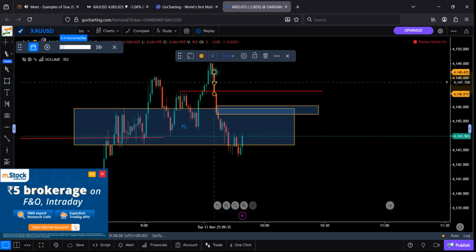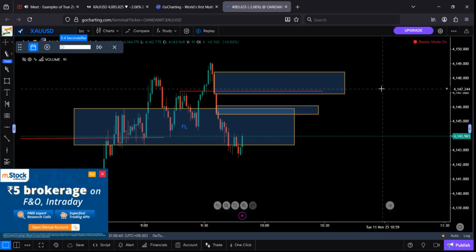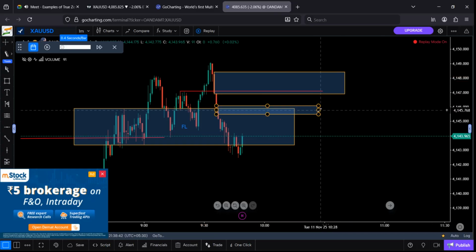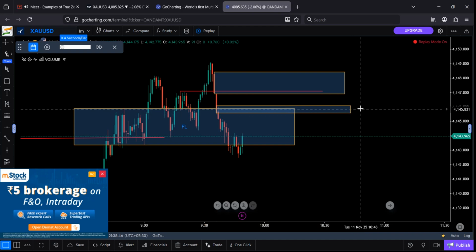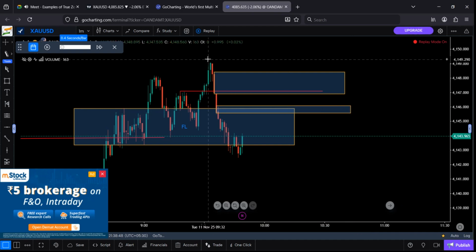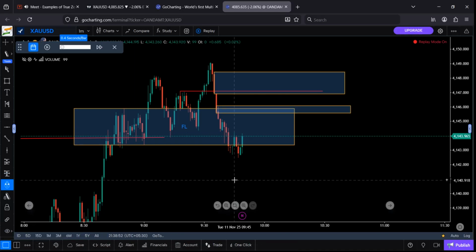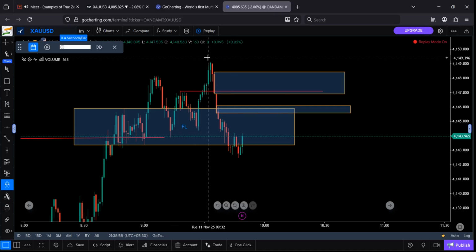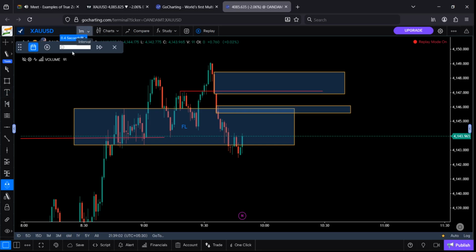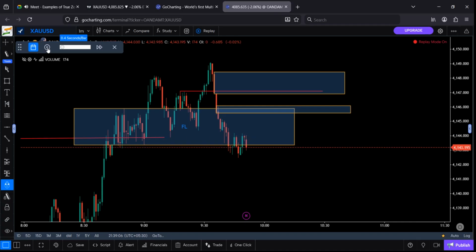Okay, yes, we have two zones. Right? And we don't know if this head is hitting to true zone or not. So what we will do? We will wait for the PA, and we don't know if there is engulfing pattern or not. So let's play again.